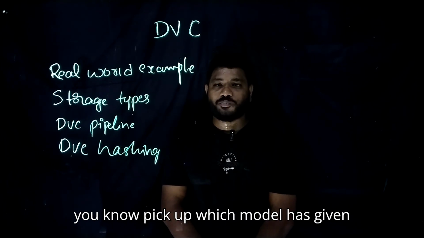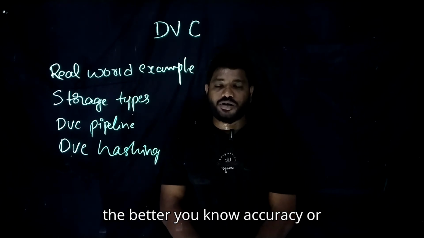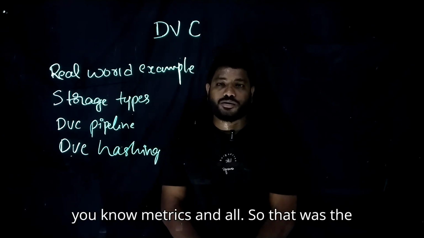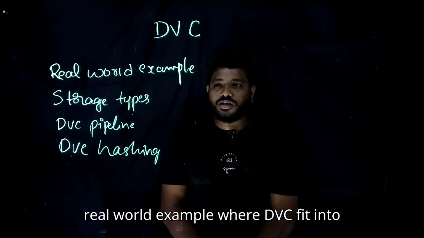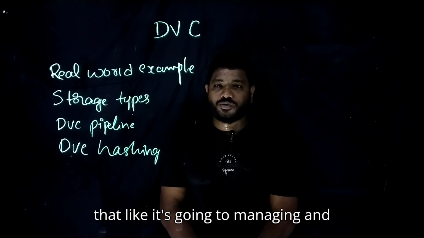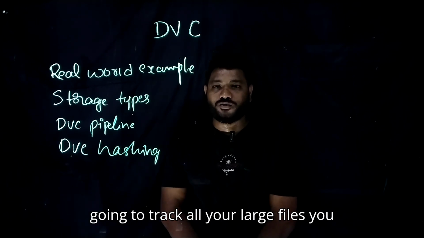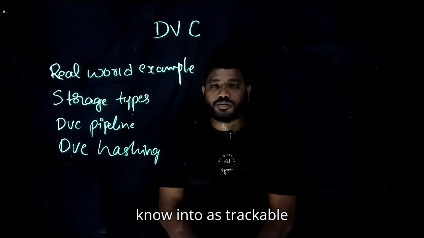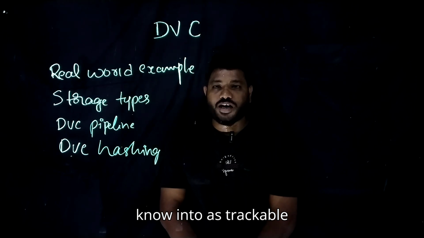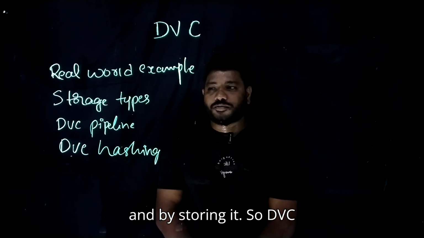Accordingly you can pick which model has given the better accuracy or metrics. That was the real world example where DVC fits in: it manages and versions all your data sets, and tracks all your large files by storing them.